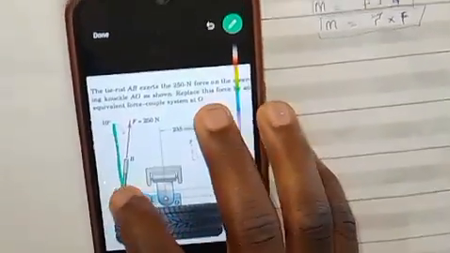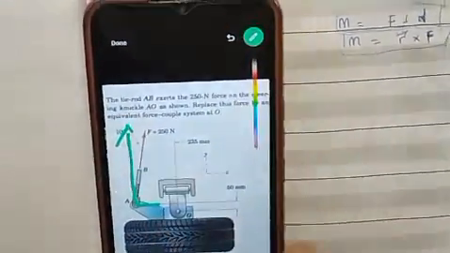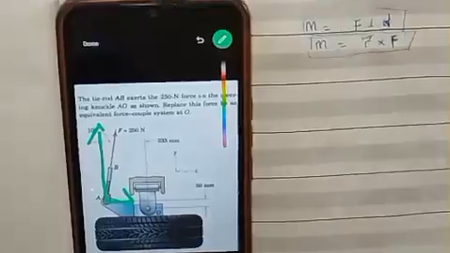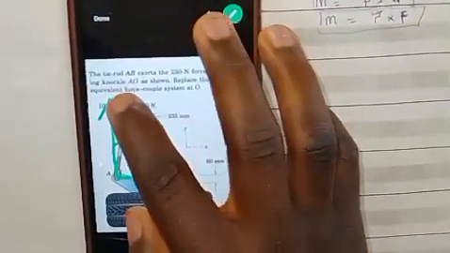As you can see, this is how our force will be acting. One component will be acting in this y direction, the other in this x direction.